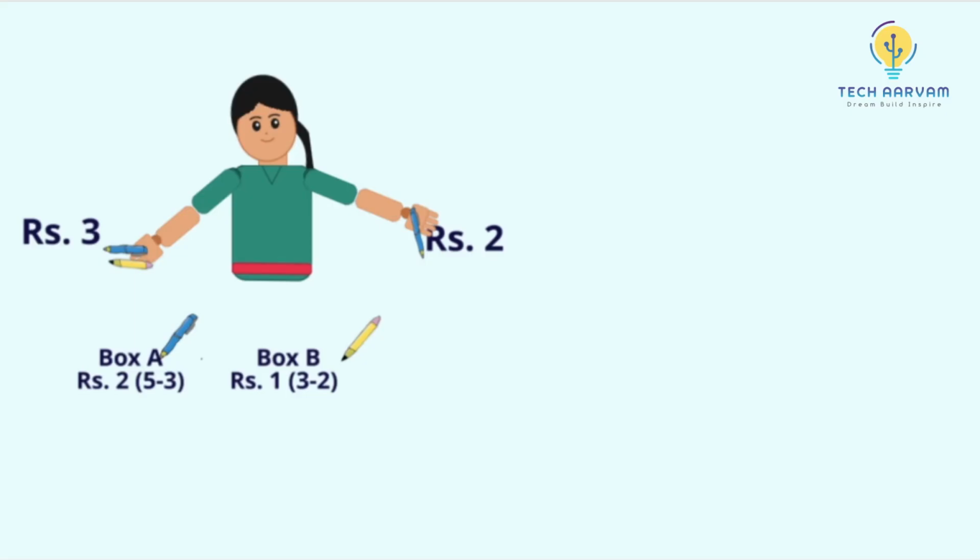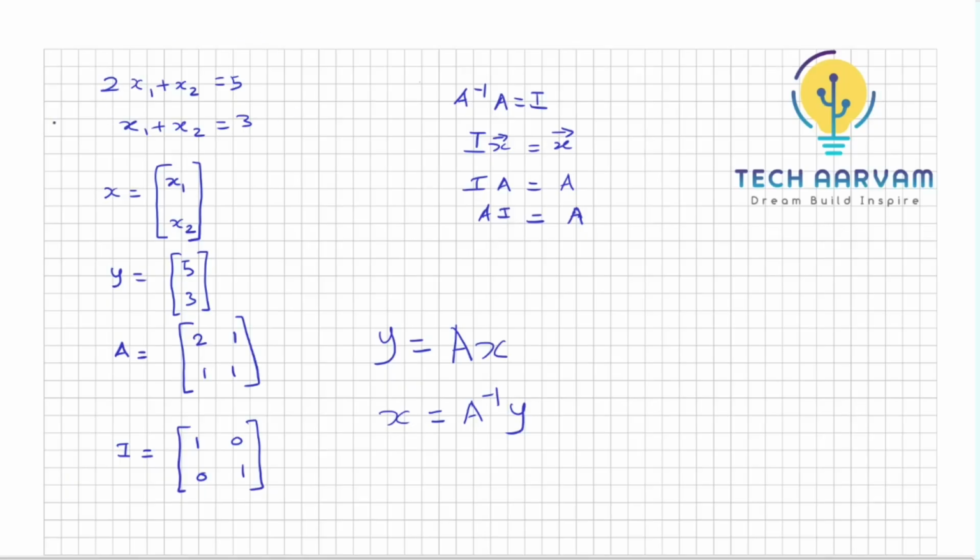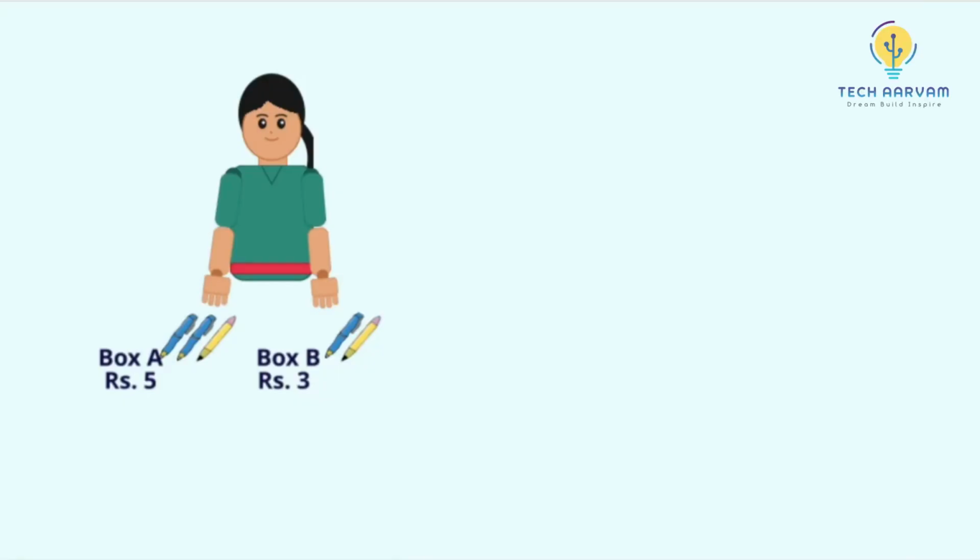Now let's proceed to actually looking at this in the form of a matrix. To save some time, I've written the equations already in this paper here. So 2x1 plus x2 equal to 5, x1 plus x2 equal to 3. This is equivalent to what we saw in the picture earlier. x1 is the price of a pen and x2 is the price of a pencil.